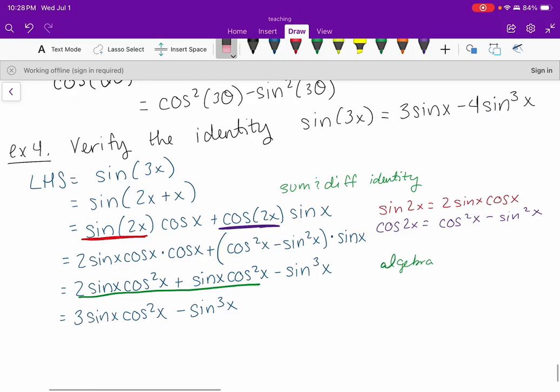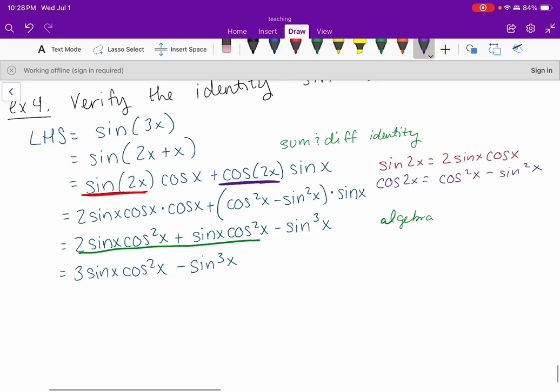The issue here is I somehow need to make 4 in front of that sine cubed, and I don't want to have cosine squared. So I can replace this cosine squared using the Pythagorean identity. So we have the identity that sine squared plus cosine squared equals 1. If I move over my sine squared, I get cosine squared x is equal to 1 minus sine squared x.